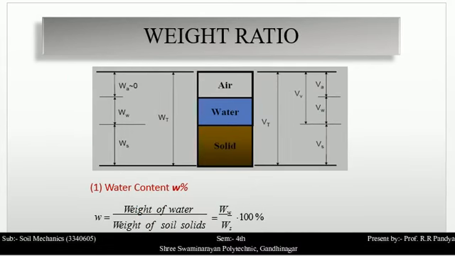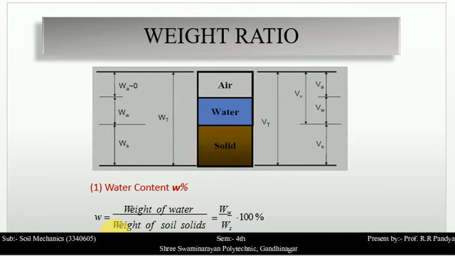Next, weight ratio. In weight ratio, we take these sides of the three-phase system. Water content is a weight ratio, denoted by w. So water content is the ratio of weight of water upon weight of soil solids. Here we are going to take only soil solids.